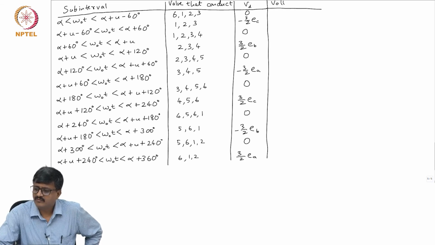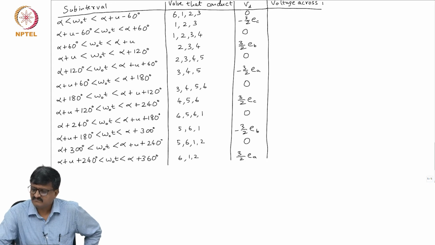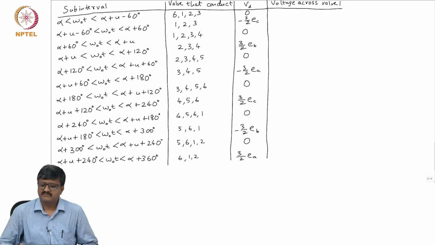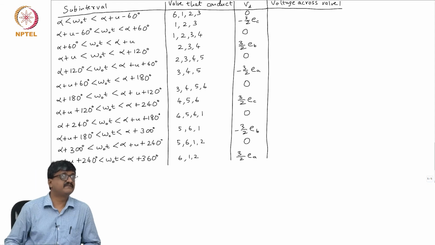So, if I look at voltage across valve 1, what is voltage across valve 1 in the first subinterval? Sorry, 0.